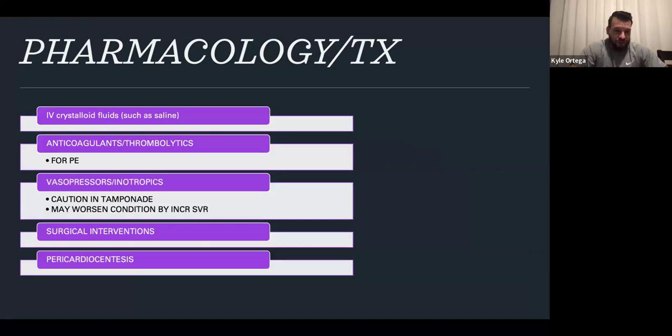Pharmacology and treatment. IV crystalloid fluids such as saline, anticoagulants, thrombolytics for that pulmonary embolism, vasopressors, inotropics. But my research did say you want to use caution in cardiac tamponade because it may worsen the condition by increasing that systemic vascular resistance.